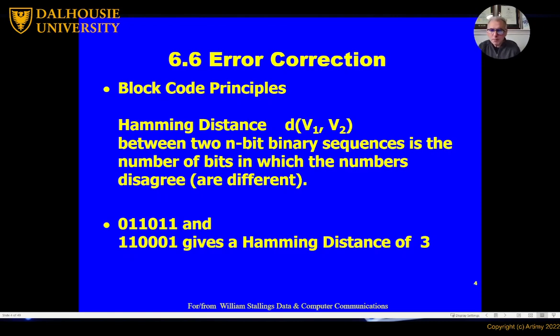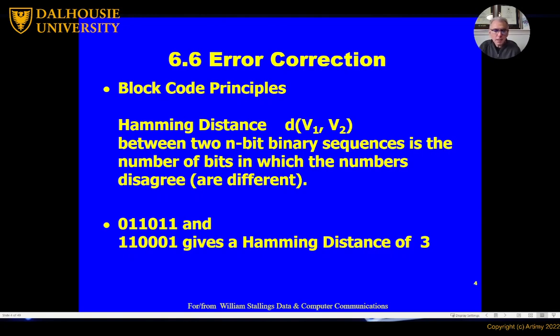So the concept that will allow us to understand the efficiency here is what we call the Hamming distance. The Hamming distance is the number of bits that are different between any two bit sequences.